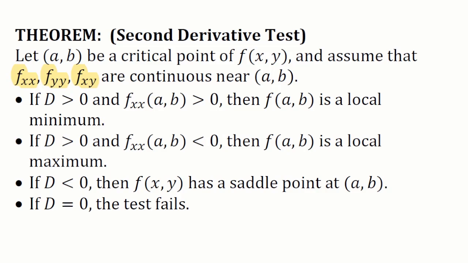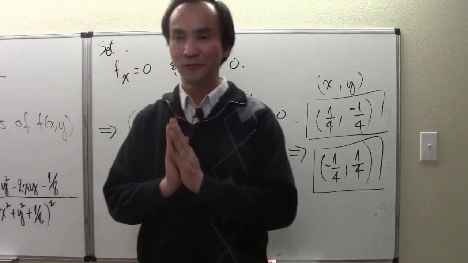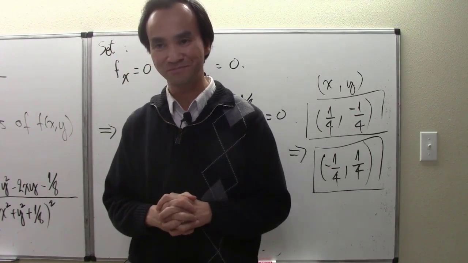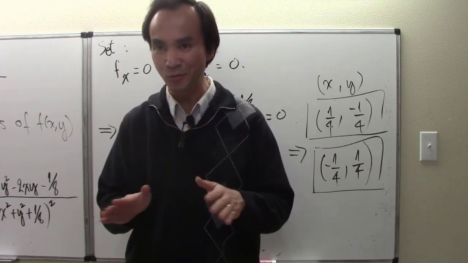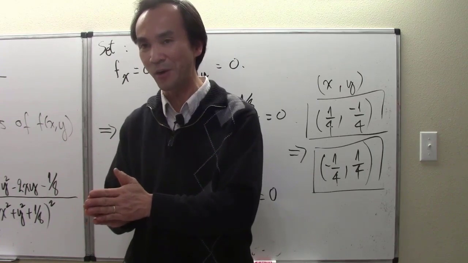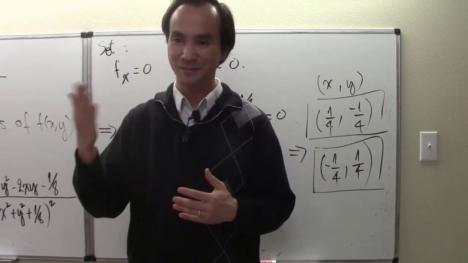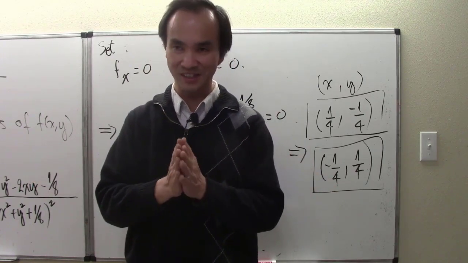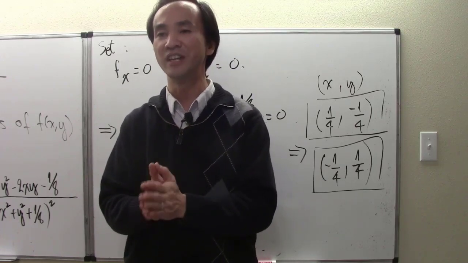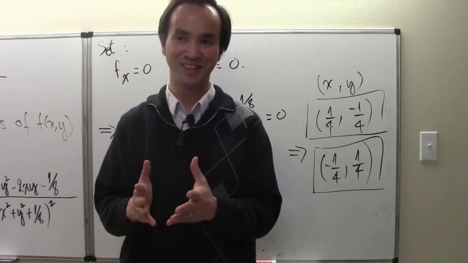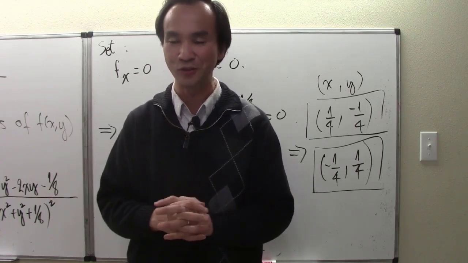Before I proceed further into this lesson, anyone who is not familiar with what f sub xx, f sub yy, or f sub xy are, make sure you've learned what those are before you proceed. Those basically mean the second partial derivatives, okay? But allow me not to go too far back into those basics.